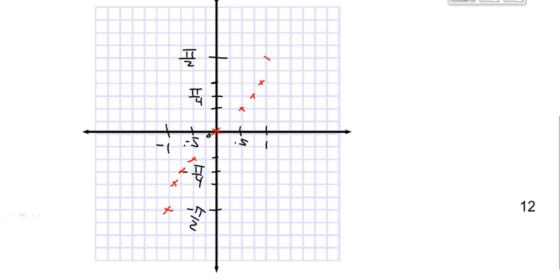And 1, I'm at pi over 2. And it is that curve as we go. So it's like this trig curve that's kind of going like that. And I missed a bunch of things, but you will be expected to be able to graph that as you go, and we're using those key points.